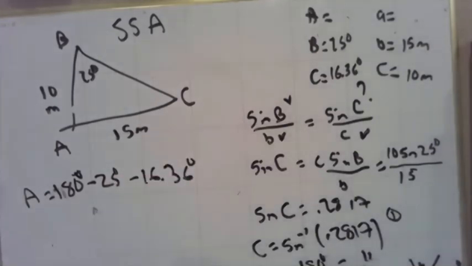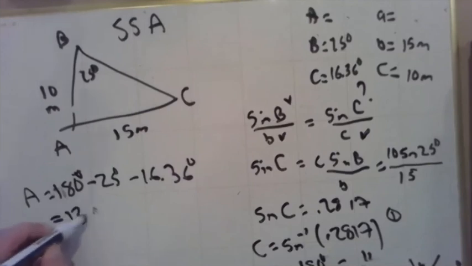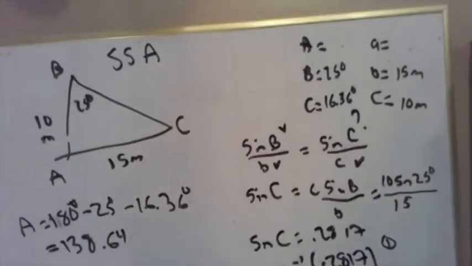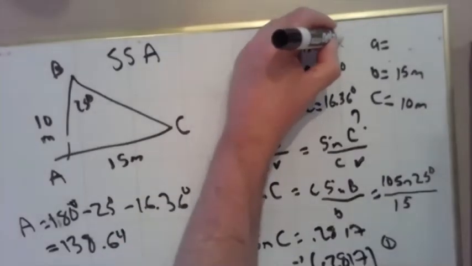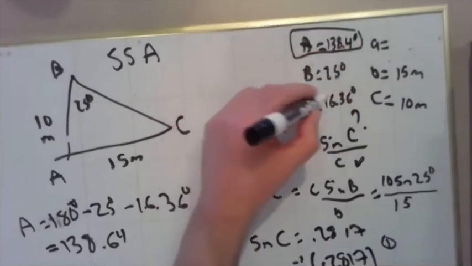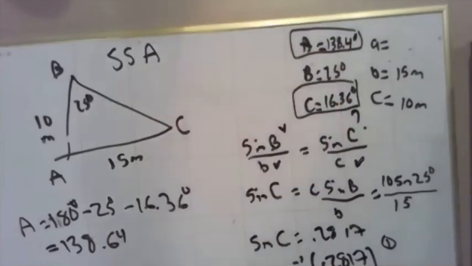Won't show it, but I'll do that. 180 minus 25 minus 16.36 is 138.64. I could put that in my table. As soon as you find something, put it in your table or you're going to forget it. And circle it if you found it yourself.